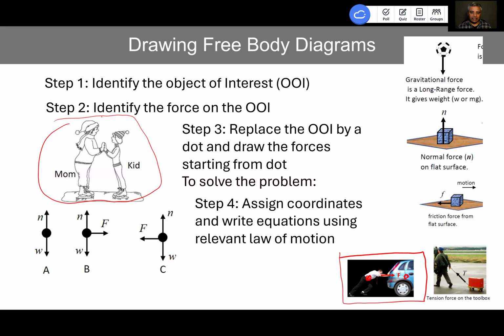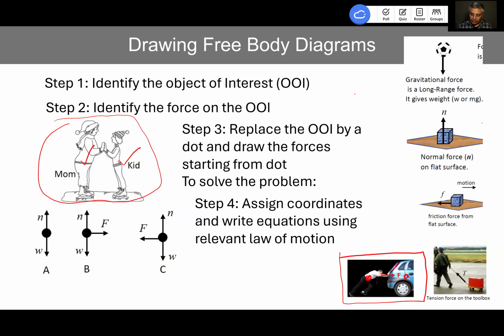If one person gives a push, both of them are going to start sliding or skating on the ice. So depending on whose motion we want, for example, if we are interested in motion of mom, then mom is going to be object of interest. If we are interested in the kid, then the kid is going to be the object of interest. So first you need to figure out motion of which object. If we want motion of both objects, then we need to draw 2 free body diagrams following the same rule for each of them.